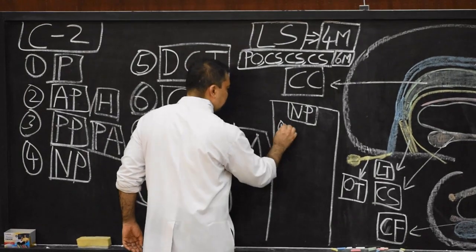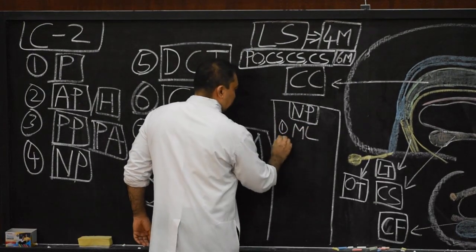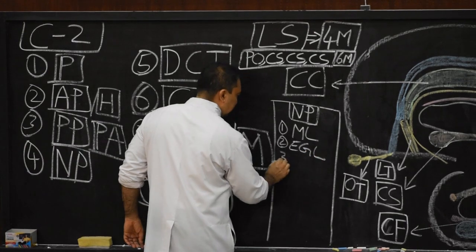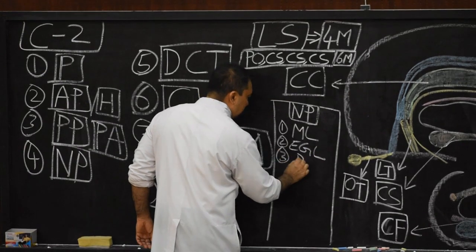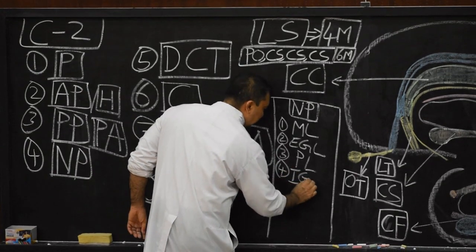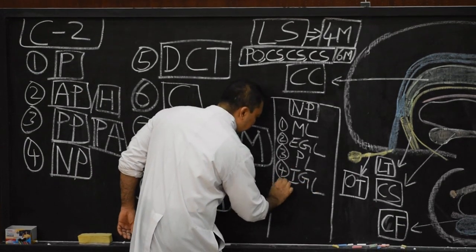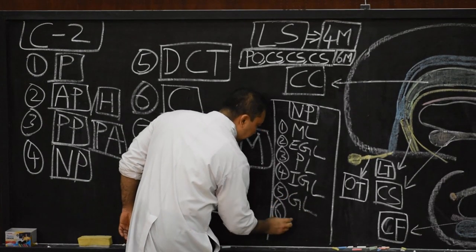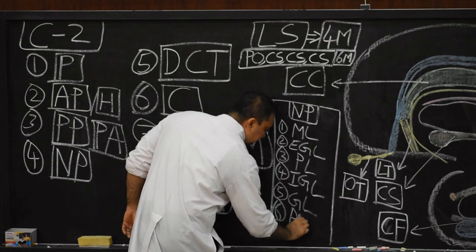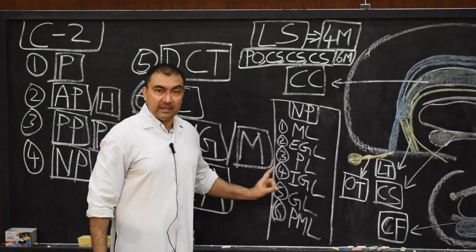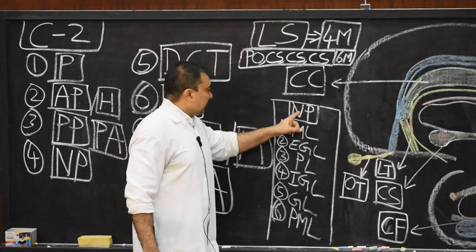The first layer is the molecular layer, second the external granular layer, third the pyramidal layer, fourth the inner granular layer, fifth the ganglionic layer, and sixth the polymorphous layer. These are the layers which will develop in the neopallium.